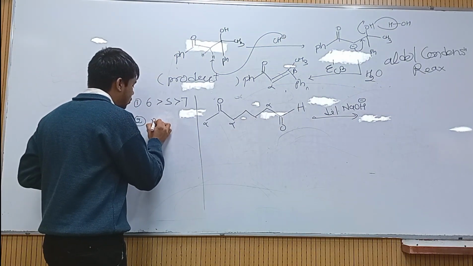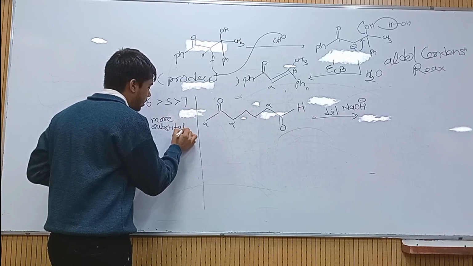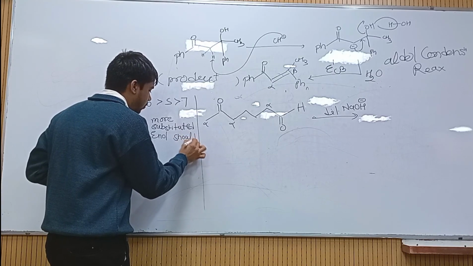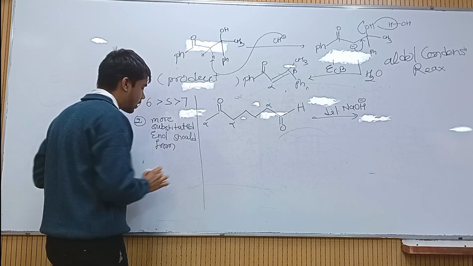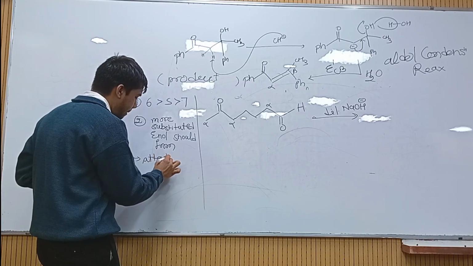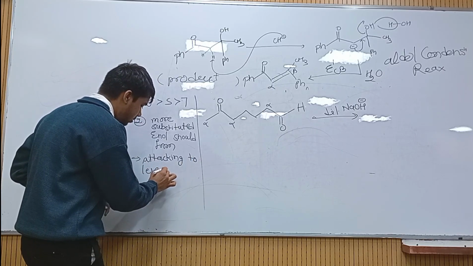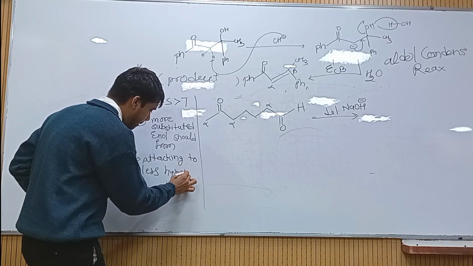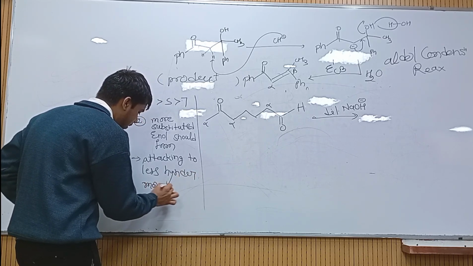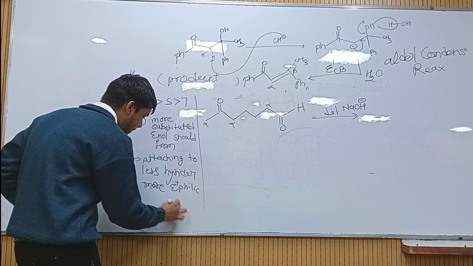So the more substituted enol should form, and the attack will be to the less hindered, more electrophilic carbonyl.